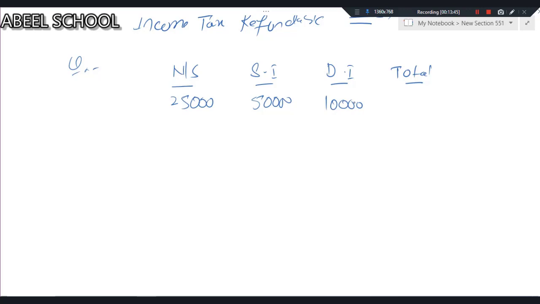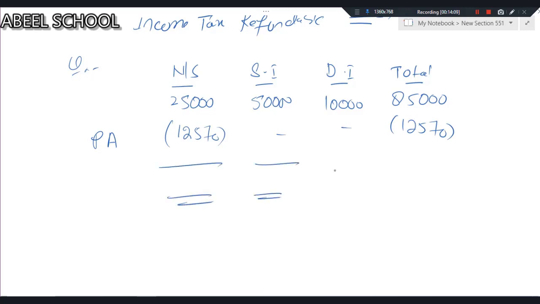Now I really want every one of you to pause the video, attempt the question, and then you can unpause the video. So non-saving income is 25,000, saving is 50,000, dividend income is 10,000, so total is 85,000. Personal allowance is obviously first deducted from the non-saving income, 12,570. I'll get taxable income.